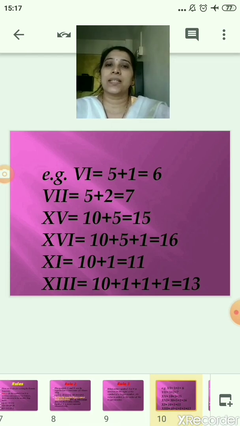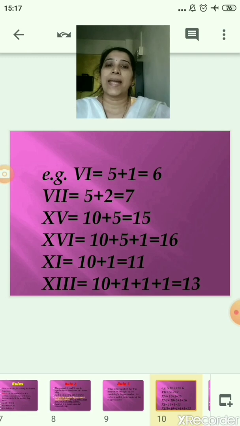Symbol 6 is written as 5 plus 1 is equal to 6. You can see that the symbol I is written to the right of V. Symbol 7 is 5 plus 2 is equal to 7. Again you can see that the capital I is written to the right of V.